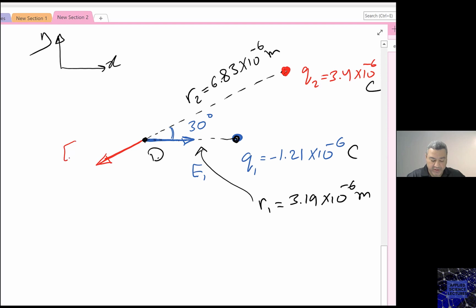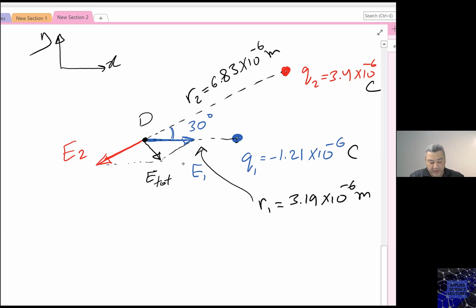So this one is E2. Then my total electric field is the summation of those two vectors, and it's indeed expected to be this one. But how do we calculate it?